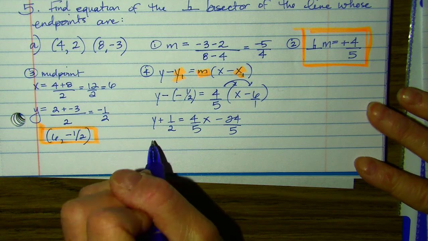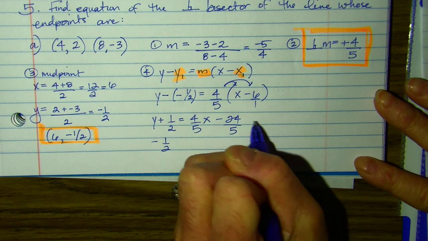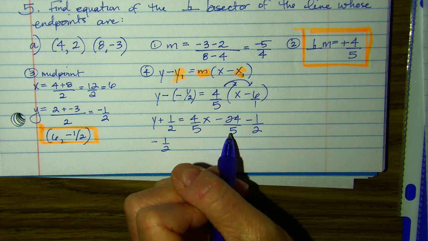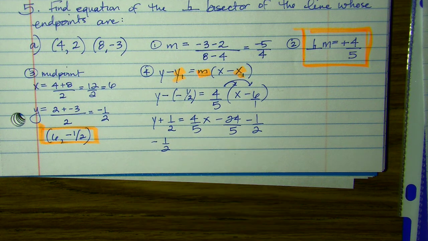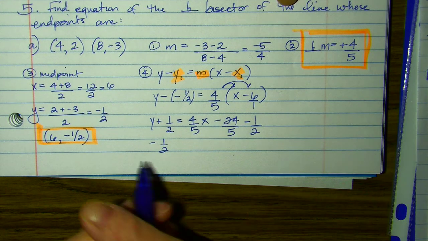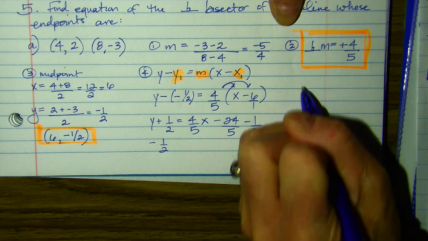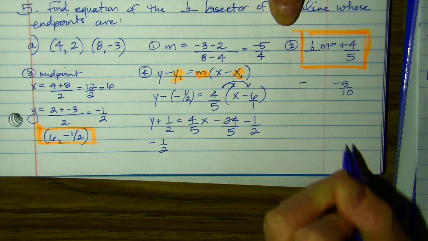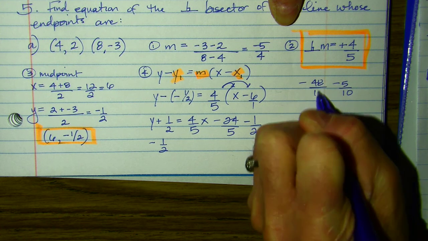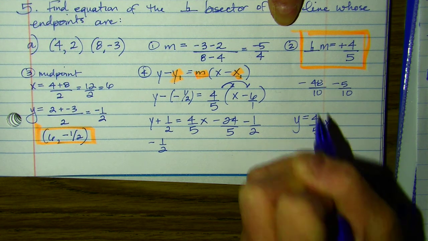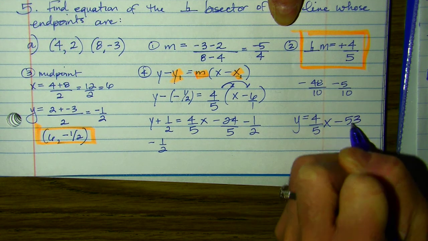And then I would have to subtract 1/2. So common denominator between these two would be 10. So that would give me 5 over 10 and 48 over 10. So y equals 4/5 x minus 53 over 10.